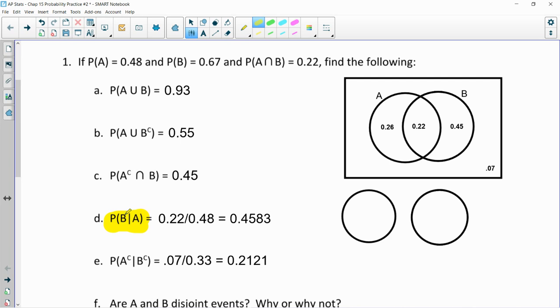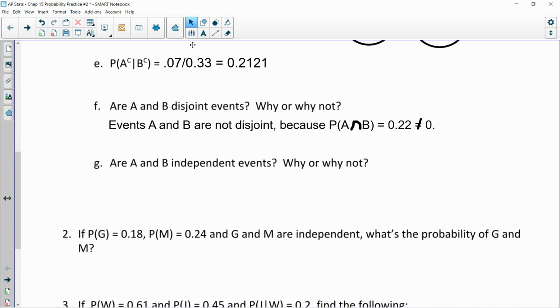Here's the simple probability of B. Simple meaning just what is the probability of B? Done. No conditions. If they were independent events, these two probabilities would be equal. Since they're not equal, therefore, they're not independent.